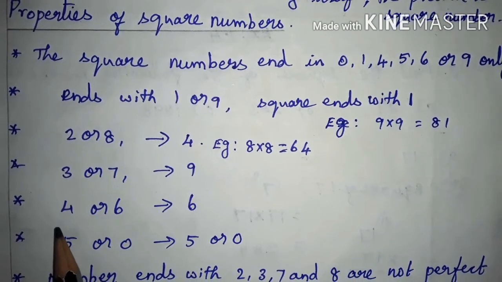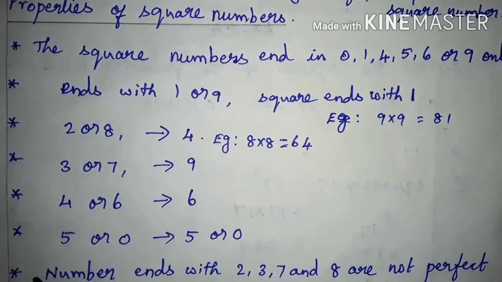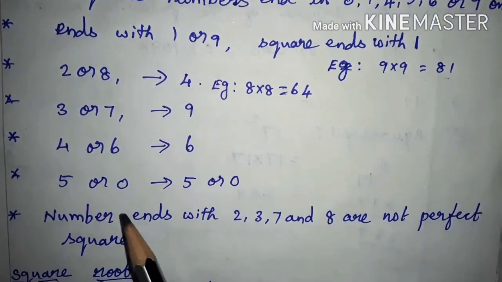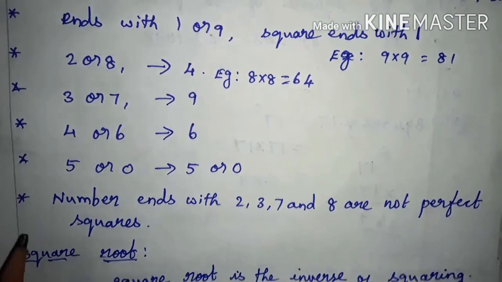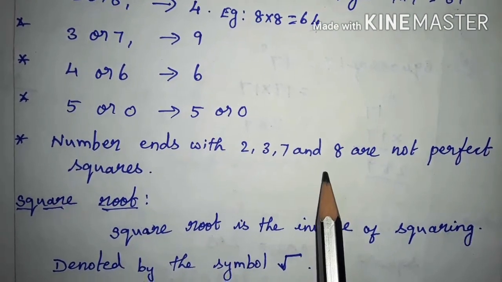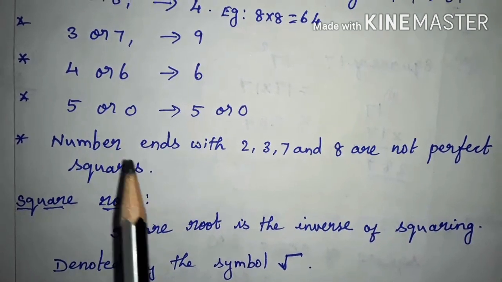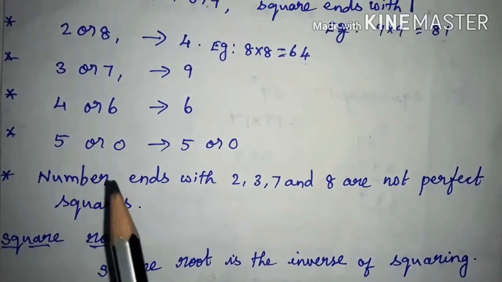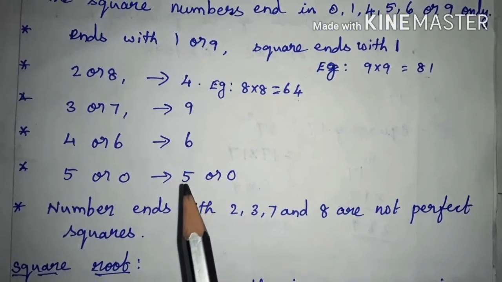If the number ends with 4 or 6, the square number will end with 6. If the number ends with 5 or 0, the square ends with 5 or 0. The last property is that numbers ending with 2, 3, 7 and 8 are not perfect square numbers. Once again, when a number is multiplied by itself, the product is a square number.